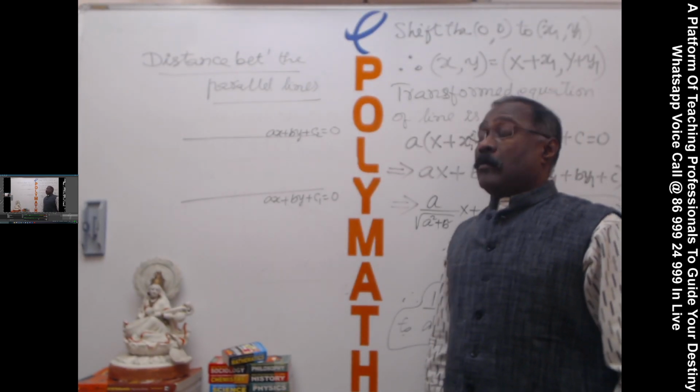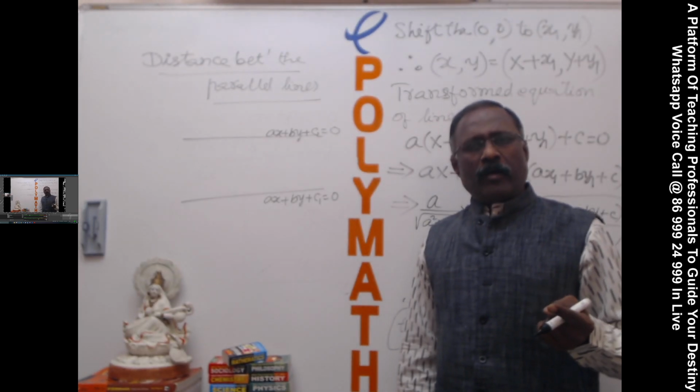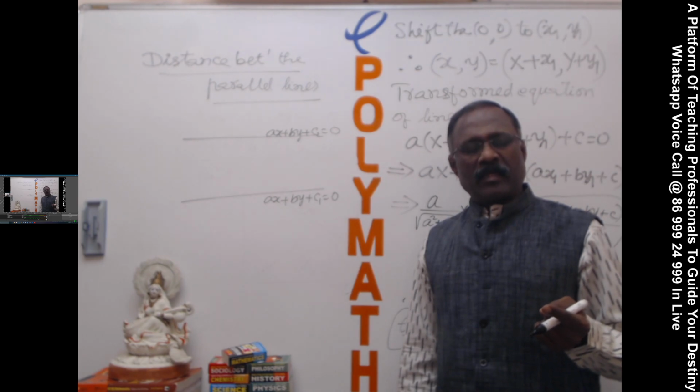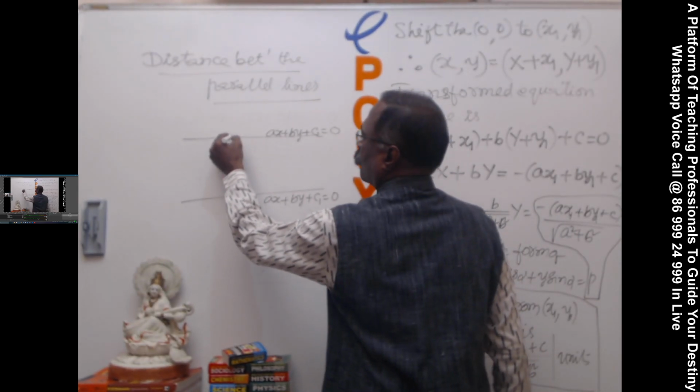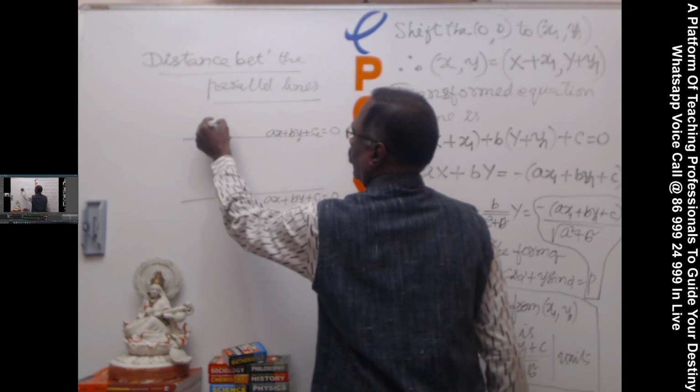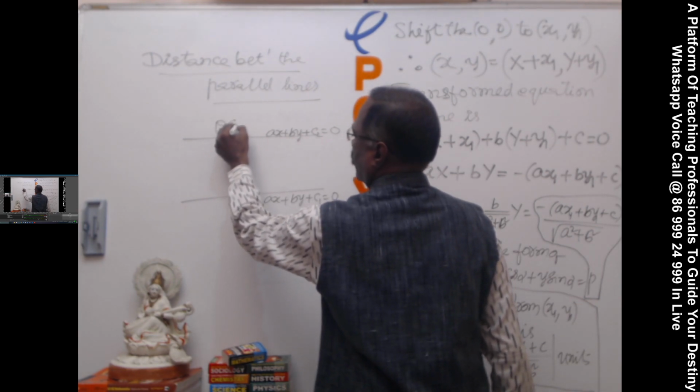Now, because we know the perpendicular distance from a point to a line, we choose a point here. Let it be some P(x1, y1).